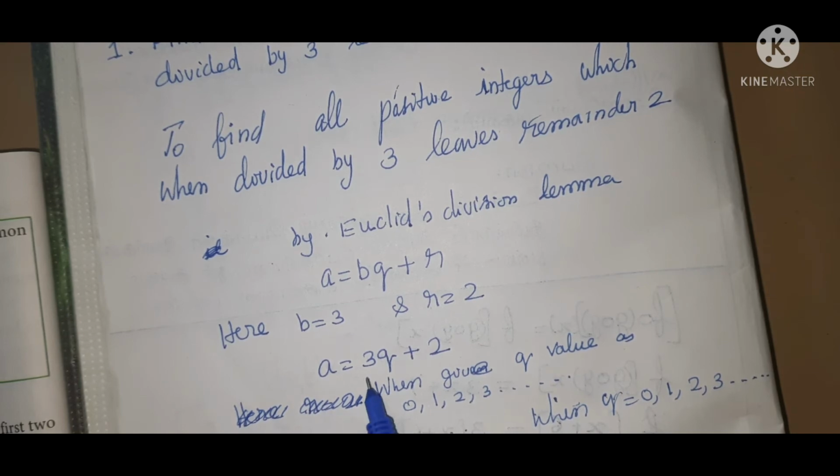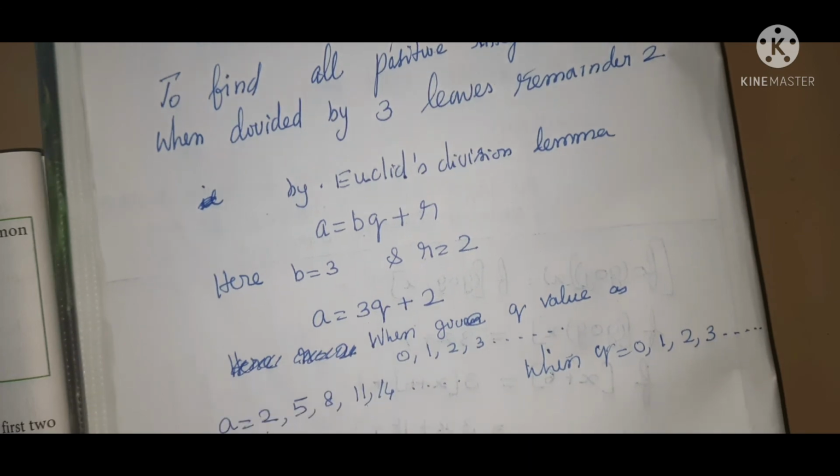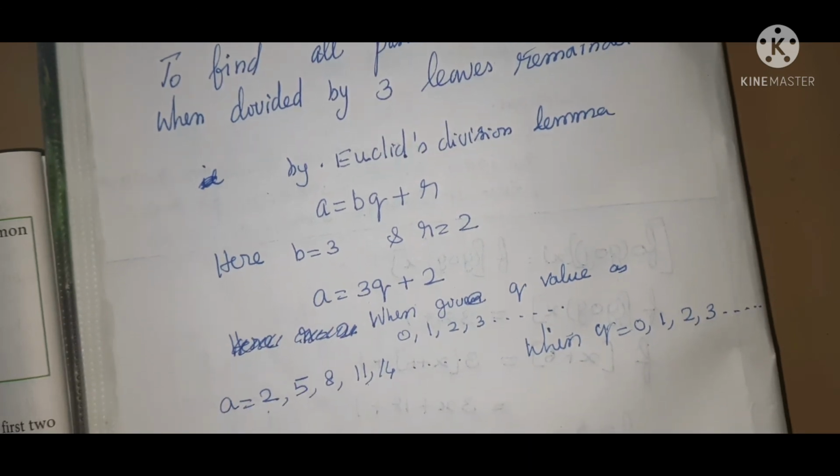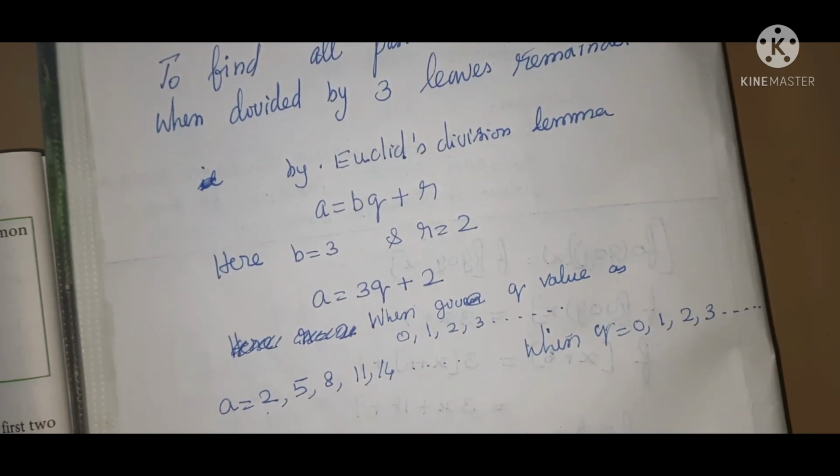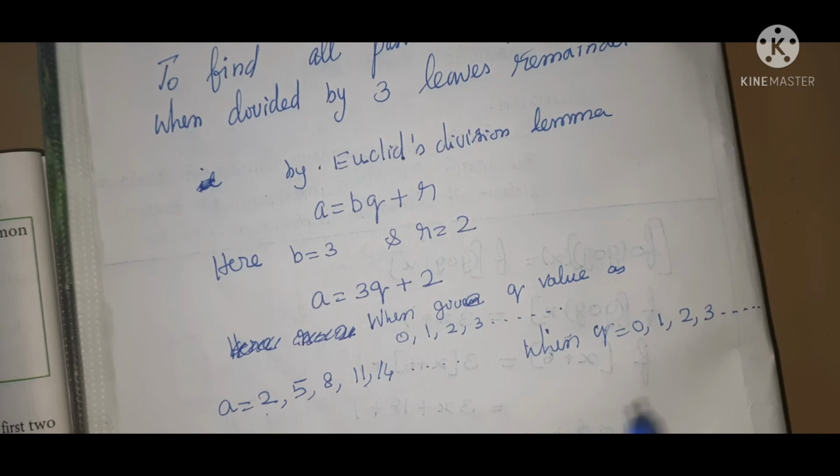Then 1: 3 into 1 is 3, 3 plus 2 is 5. For 2: 3 into 2 is 6, 6 plus 2 is 8. For 3: 3 into 3 is 9, plus 2 is 11. For 4: 3 into 4 is 12, 12 plus 2 is 14, and so on. So the values of a are 2, 5, 8, 11, 14 and so on.